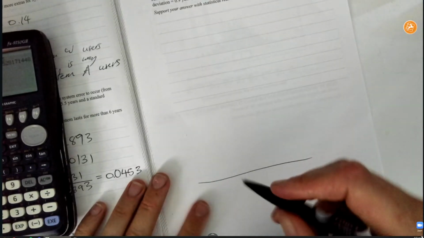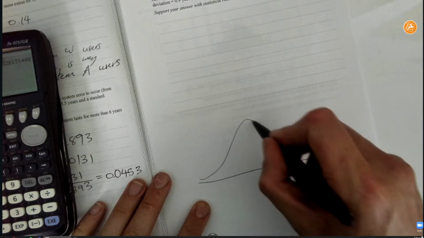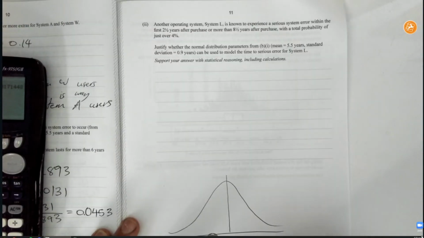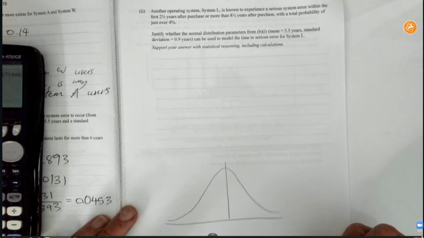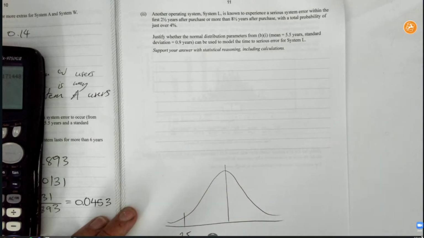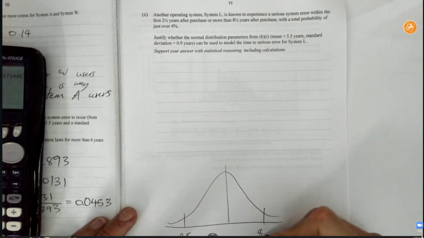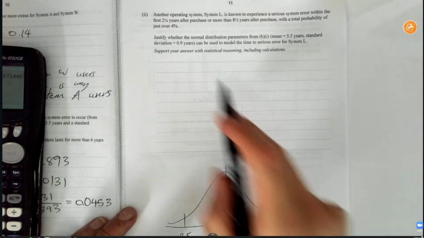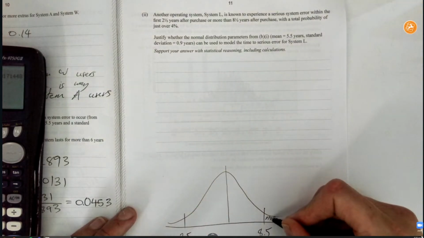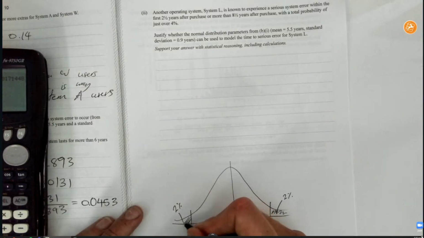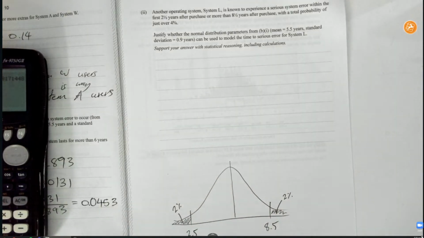Oh yeah, let me redeem myself. 2.5, or more than 8.5. The total probability of just over 4.4%. So that means this is 2%, this is 2%, unless I've read the question wrong. I don't like that just over 4%.